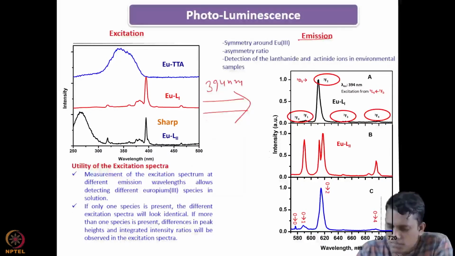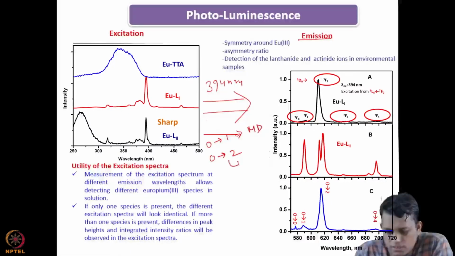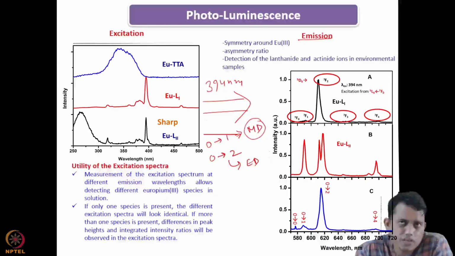There is one more thing that we know as the asymmetry ratio. Suppose we have the transitions 0-1 and 0-2. The 0-1 transition, we have discussed, is called a magnetic dipole transition, whereas the 0-2 transition is called an electric dipole transition. We have also seen that magnetic dipole transitions do not get much affected by the ligand environment. So if we take the ratio of the electric dipole transition to the magnetic dipole transition, we get something called the asymmetry ratio.